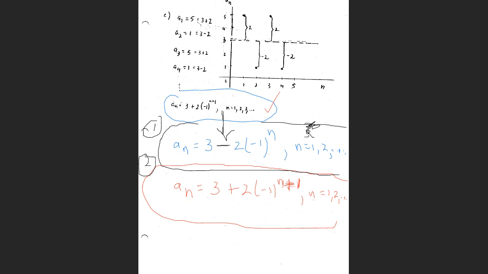Okay, Nathan and Michelle. And Renaud would be the first formula. So it just depends on who you are. Different formulas can generate the same sequence.